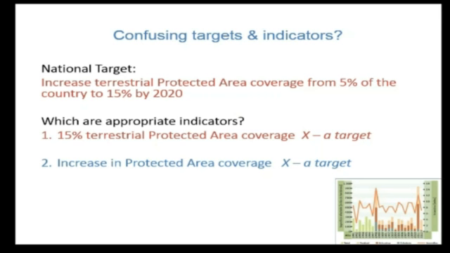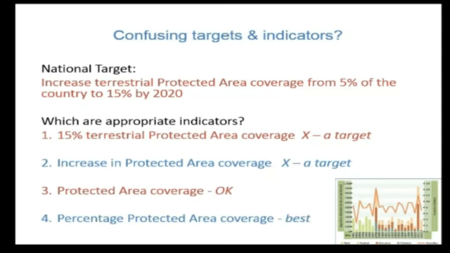So you don't want to have a verb in your indicator name, like increase or decrease, or improve or whatever. A more appropriate name for an indicator would be just protected area coverage, or better still would be percentage protected area coverage, which is then the measure that refers directly to the target.